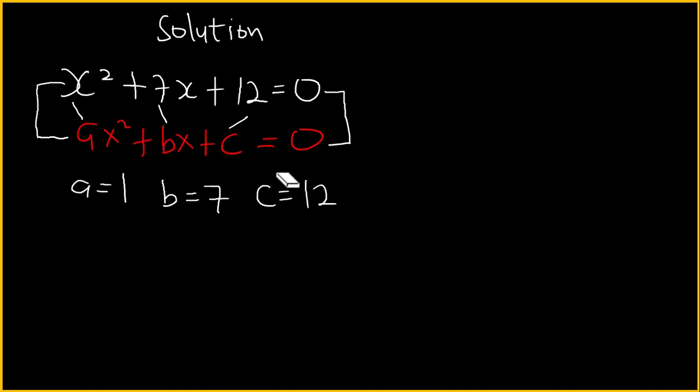So from our constant terms, which are a, b, and c, we are going to find our product of roots and then our sum of roots.